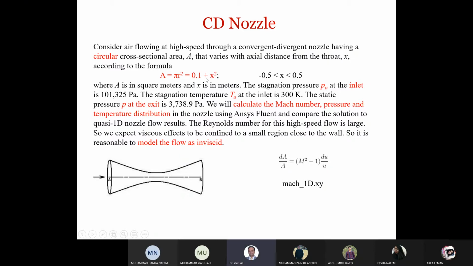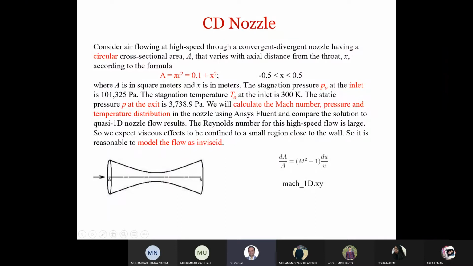That will be 0.1 plus x square, where x is the axial coordinate. So the inlet sits at x equals minus 0.5, and the throat is at x equals 0. Then the outlet is at x equals 0.5.